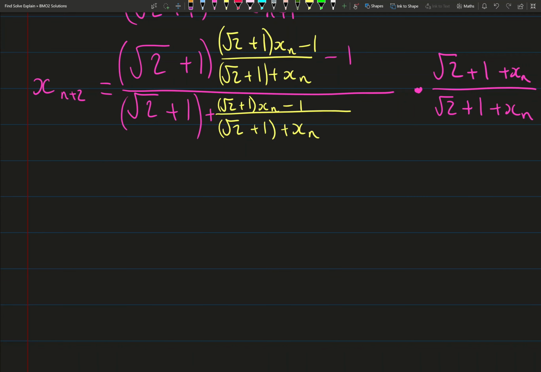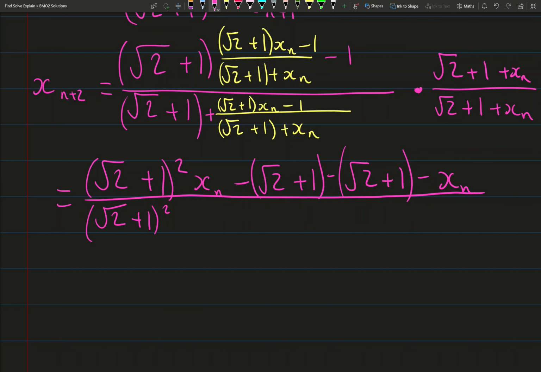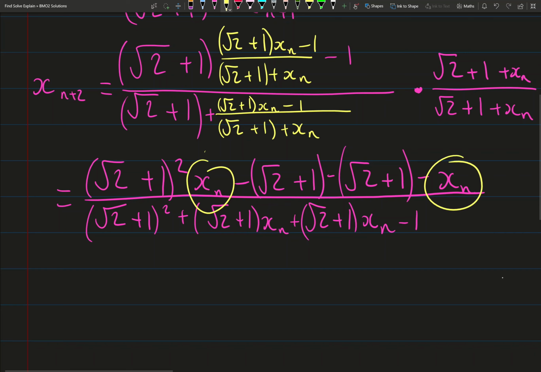From this we get, and from here we can pull both the x_n's to one side and pull these root 2 plus 1's to the other side.